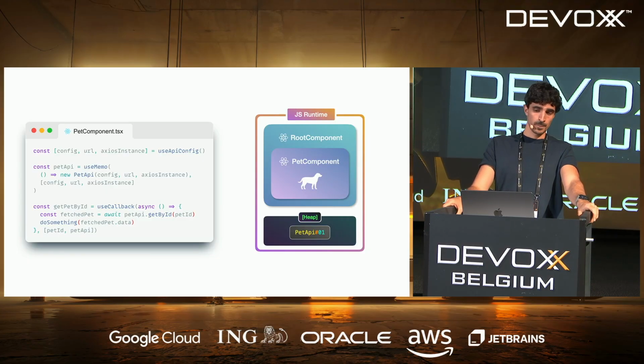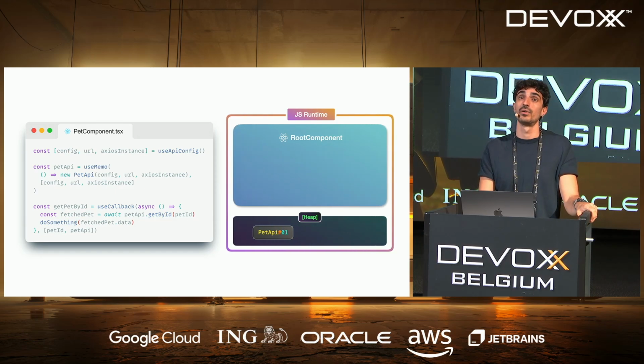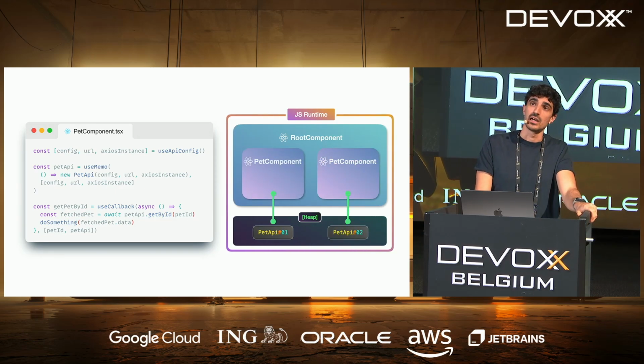That is fine. So essentially, it's not a very bad approach, but what happens when the application scales, for example, horizontally, meaning that, I don't know, we have two components now that use the same pet API?